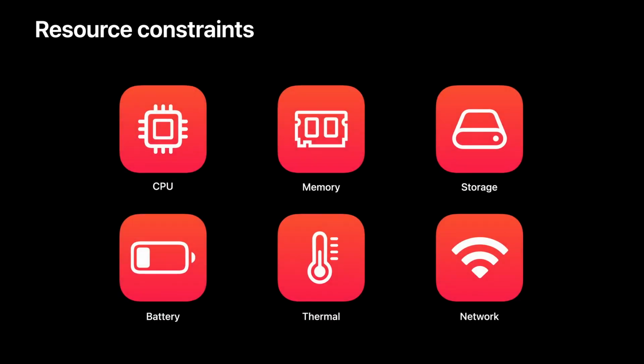The state of system resources, such as CPU, memory, and storage, plays a large part in when hangs occur. Different hardware and device conditions in the field mean real-world scenarios will be significantly different than those encountered while testing at your desk.